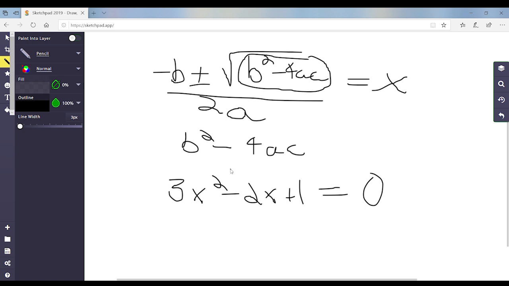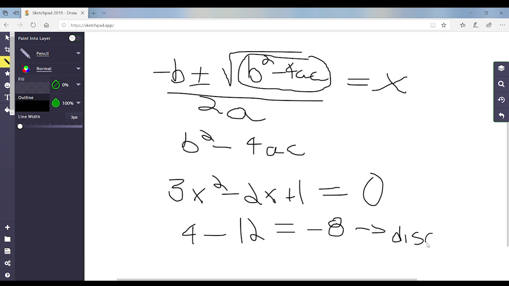But when we plug all of our numbers in, we do negative 2 squared, so 4, minus 4 times a times c, so minus 12 times 1, so minus 12. This is going to be negative 8. So negative 8 is going to be our discriminant, okay?